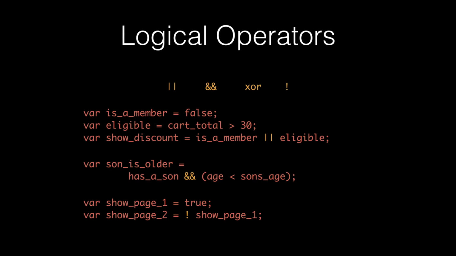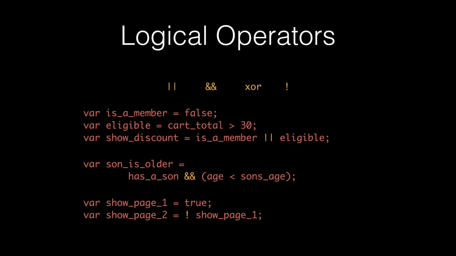But the AND operator expects both sides to be true. So if both sides are true, then this will resolve to true. But if either side is false, then it breaks and this resolves to false. So both sides must be true in an AND operation, but only one side needs to be true in an OR operation.